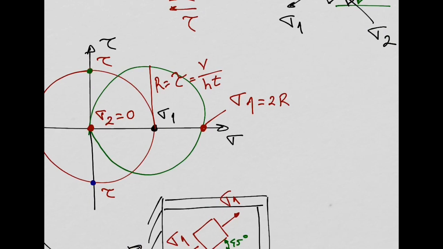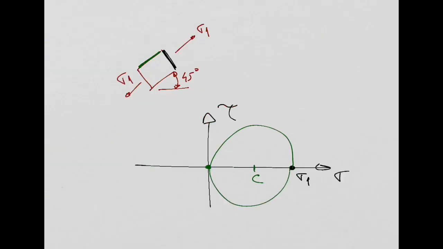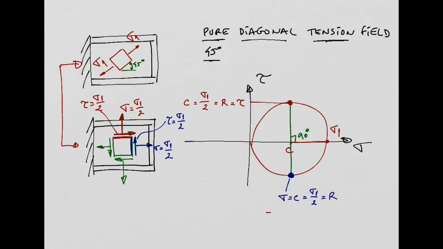So sigma 1 is going to be 2 times the transverse shear force V over h times t, right? Yeah? So this is really the value I need to use here.